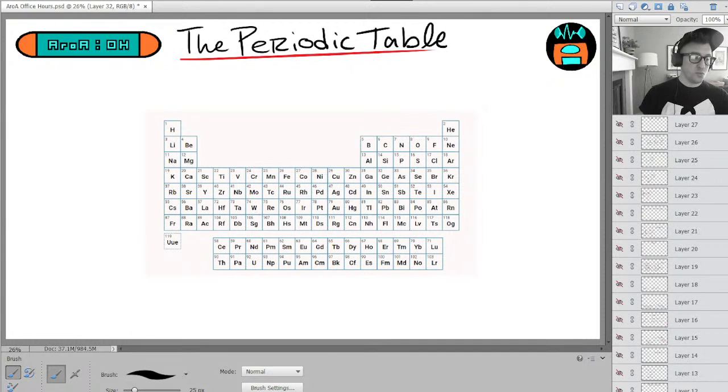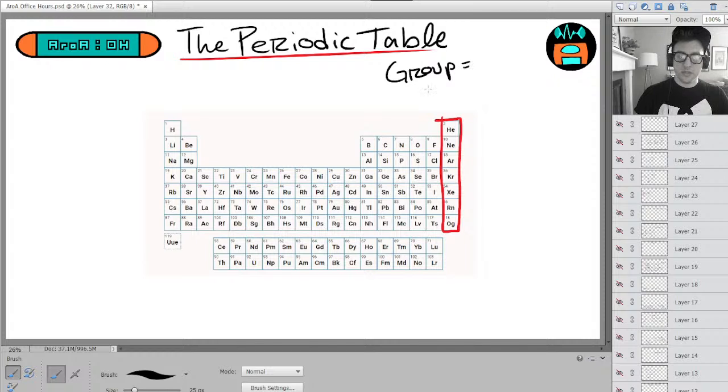The first is when we talk about the group on a periodic table. So group equals column.